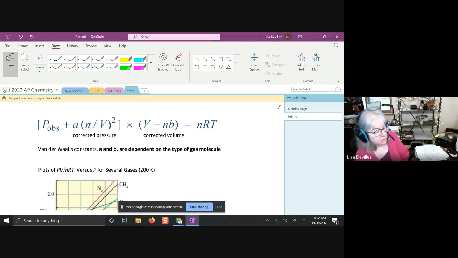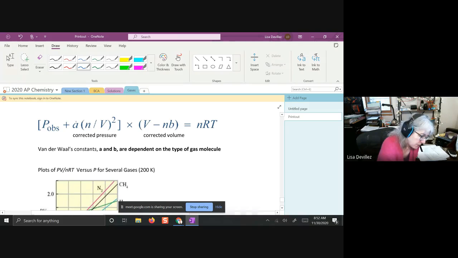Because the volume of the particle is important and the intermolecular forces are important, we have two values in there that are specific to the gas molecule. There are tables, so you would look up the gas and then find what the A and the B values are.